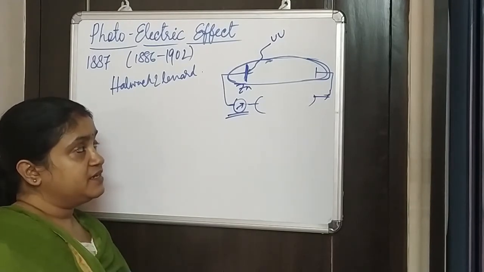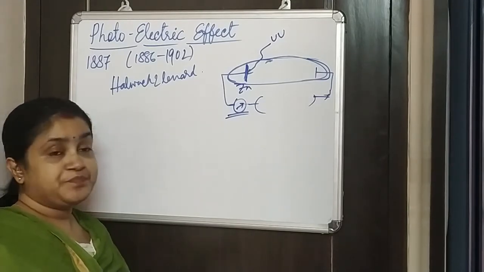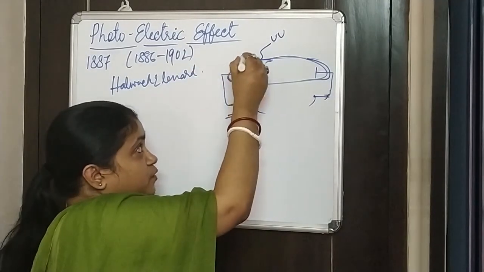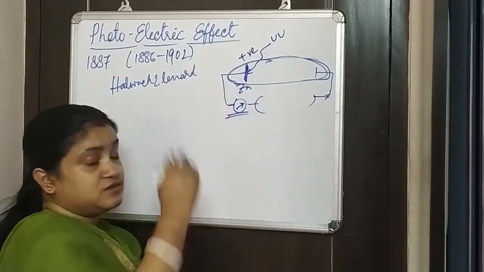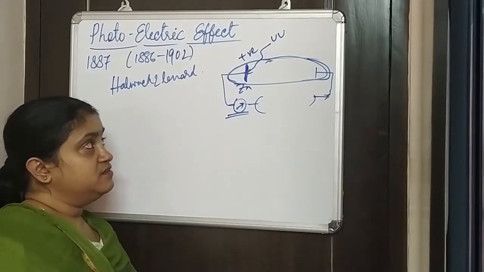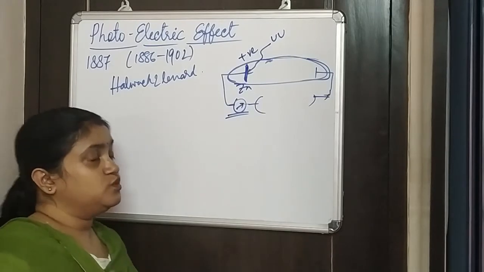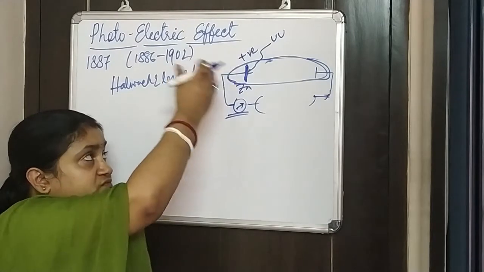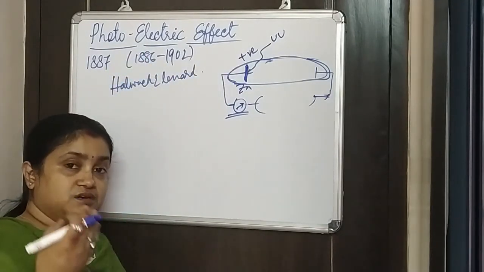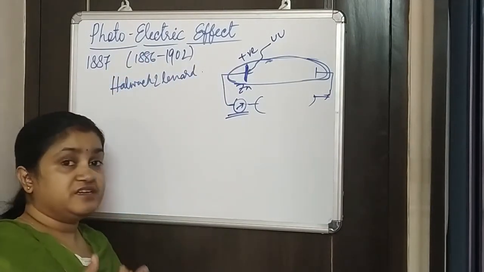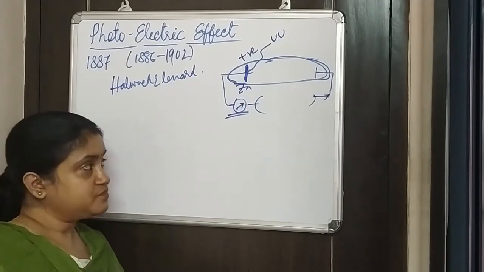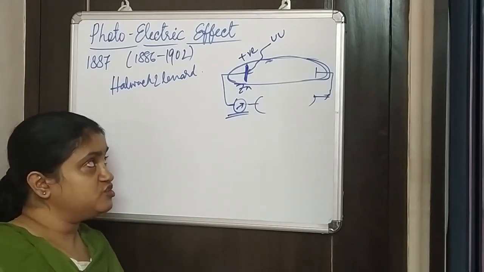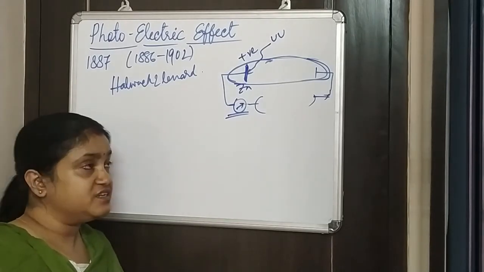At that point of time it was not known what it was and how it was happening. Suppose the zinc plate was given a positive potential, then the current would increase, and if we increased that positive potential, the current would increase more, up to a certain level, after which we won't get any more current.